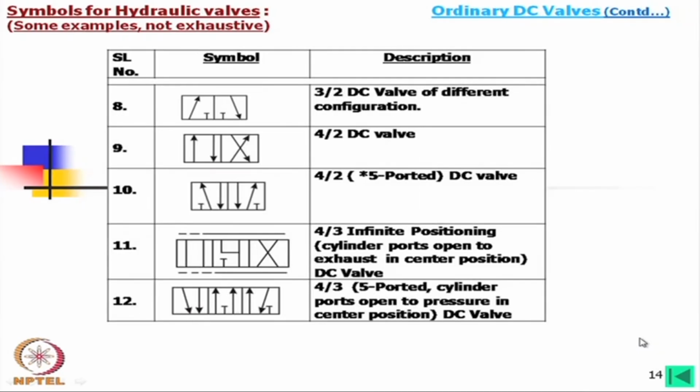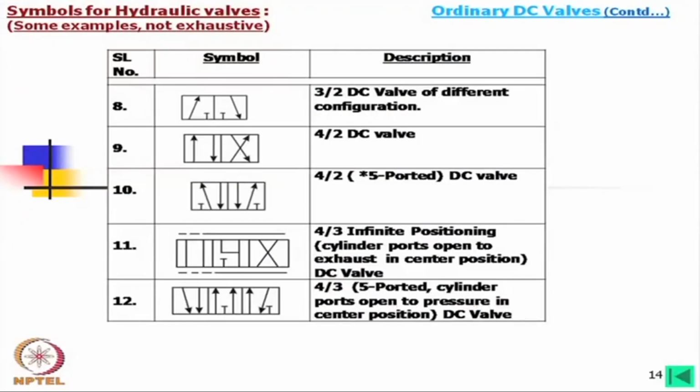Now, 3/2 DC valves of different configurations. The other configuration and this configuration is different. Depending on the applications, you have to select this. This is also a 3/2 valve. Okay. Now, a 4/2 valve has these two. This is basically not off, either this condition or this.